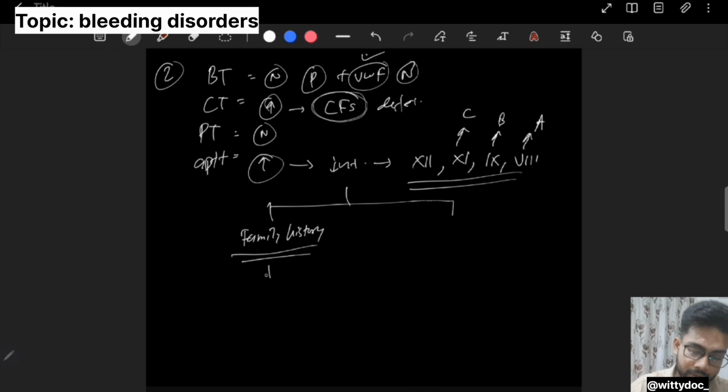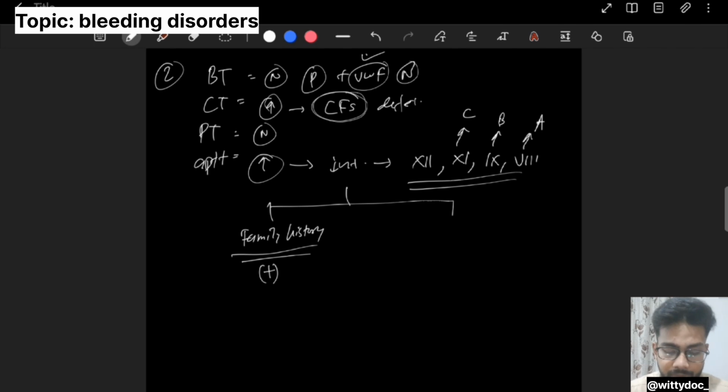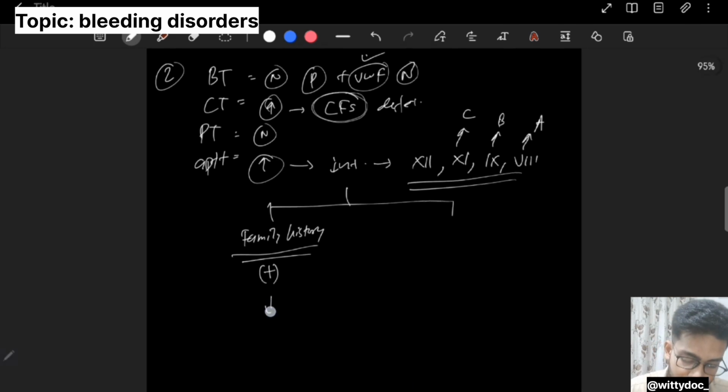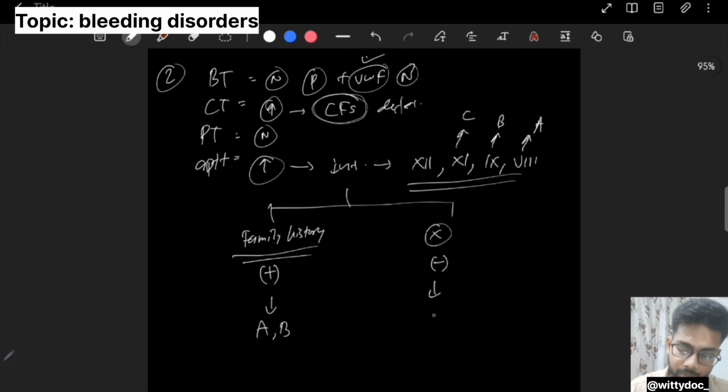If the family history is positive with bleeding on trauma, especially in the joints, that means most likely it would be hemophilia A or hemophilia B. And if there is an absence of family history with bleeding on trauma, especially in the joints, then most likely it will be hemophilia C.